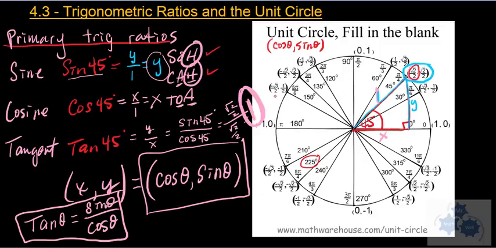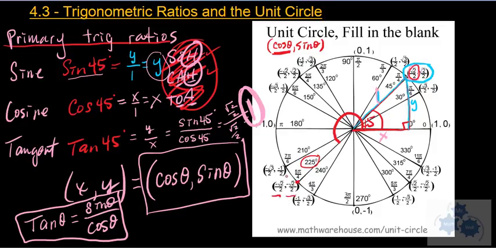Now, here's the thing. Now, just listen. You don't have to do all of the division. You don't have to do SOHCAHTOA. Okay? You don't have to. Because look, what did we just say up here? The x value is the cos. You don't have to think about SOHCAHTOA anymore when you're talking about the unit circle. 225. Look at the point that is associated with this angle right here. It is negative root 2 over 2, negative root 2 over 2.